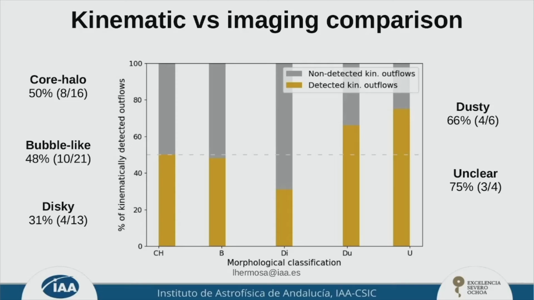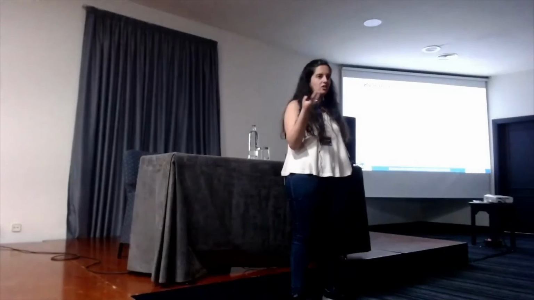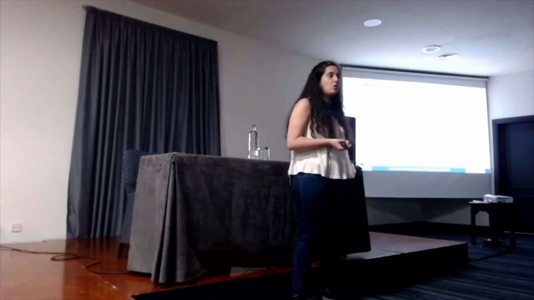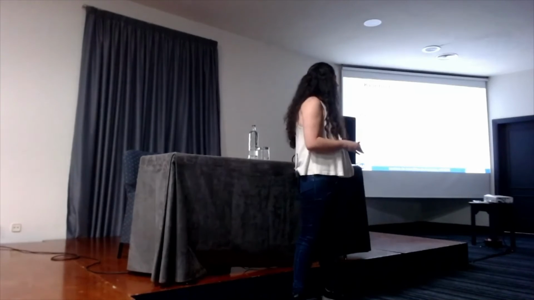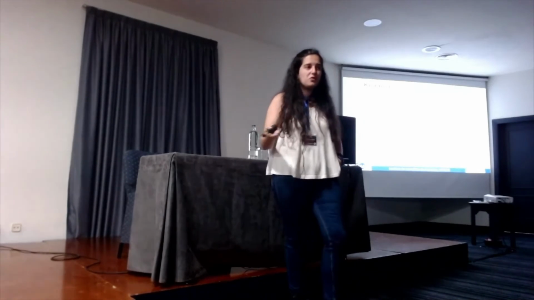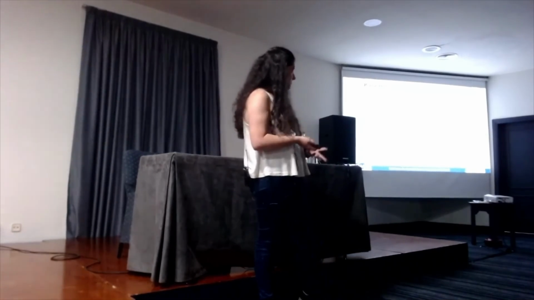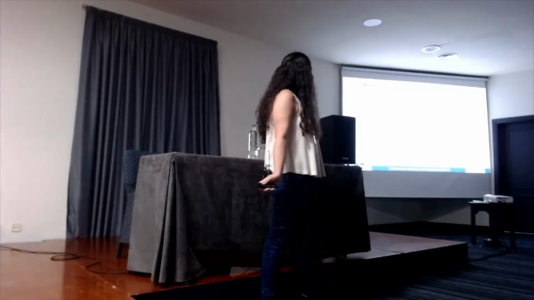The disky one has the lowest percentage, but this could also be because of orientation effects. We have not put any constraint on the orientation of the AGN towards us, and so maybe we are missing some outflows because, of course, morphologically, the orientation plays a role.